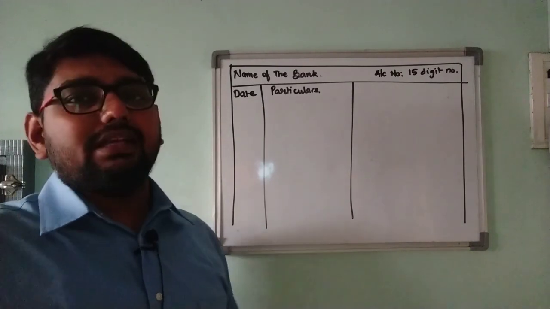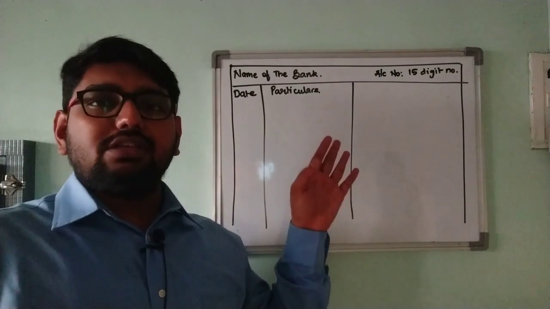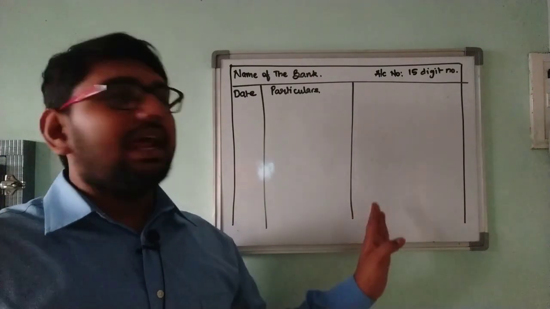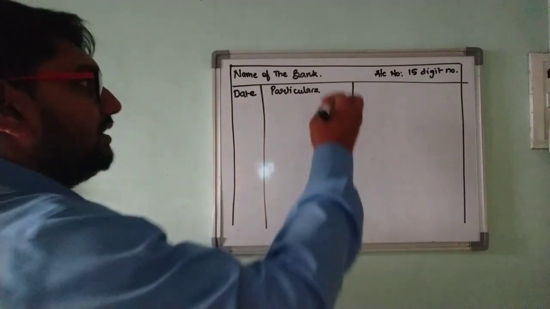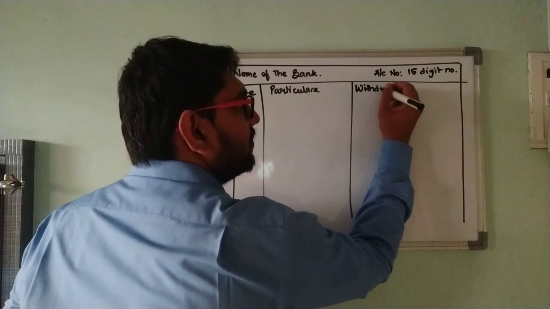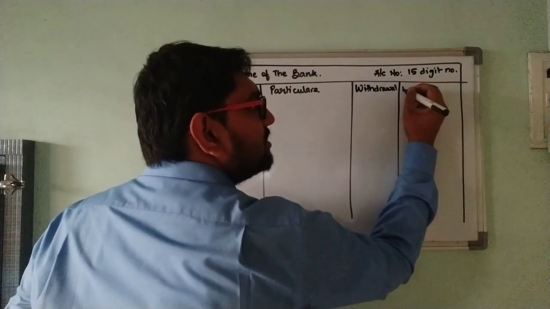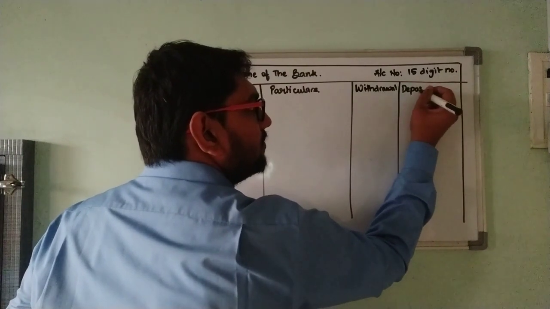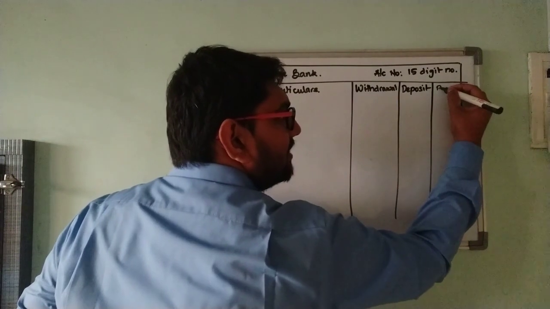Now again, some banks skip this step. So what I am going to do, I am going to be completely silent. I am just going to draw the debit and credit columns, but they are called a bit different over here. The debit column is the withdrawal column and the credit column is your deposit column. And finally, you have balance.